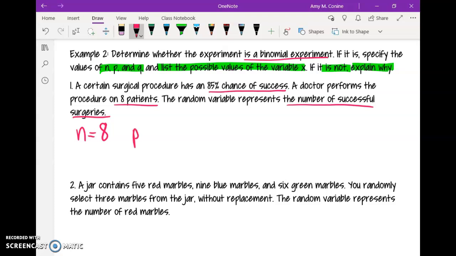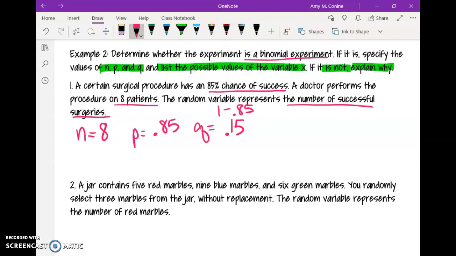It gives you a success rate of 0.85, which also means you have a failure rate, Q, which is 0.15. Okay. So if you take away the 0.85 from 1, the failure rate is the 0.15.